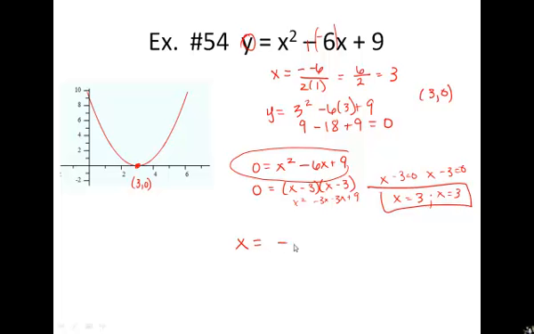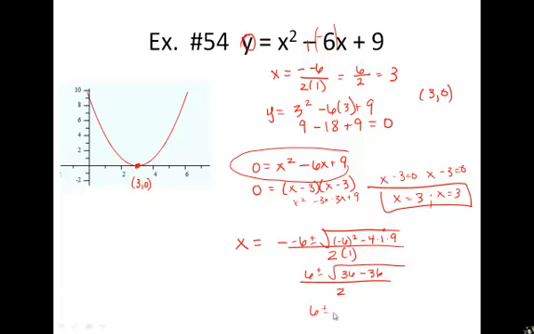So we have negative b, which is negative 6, plus minus the square root of b squared, which is going to be that negative 6 squared, minus 4 times a, which is 1 times c, all over 2a. Okay, so here we would have 6 plus minus, and then I'm going to simplify 36 minus, and then 4 times 1 times 9 is 36, all over 2. So we have 6 plus minus, we're going to get the square root of 0 all over 2.